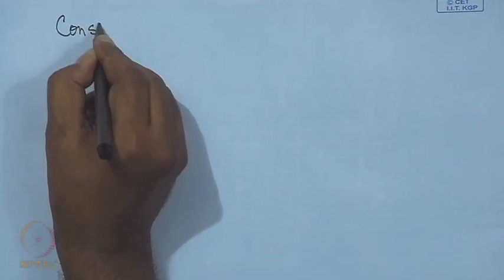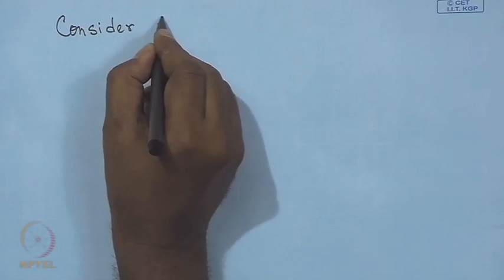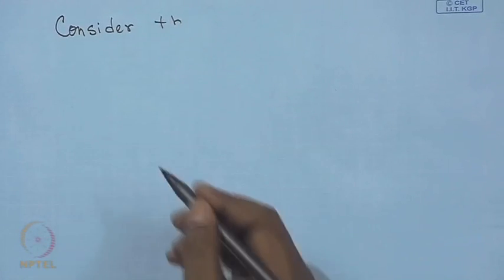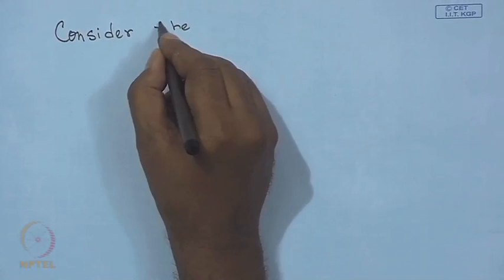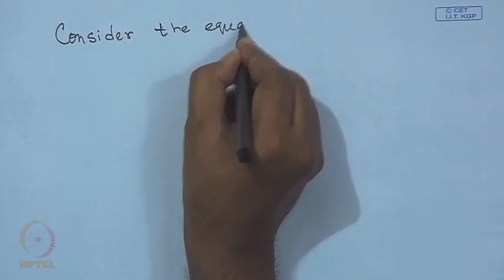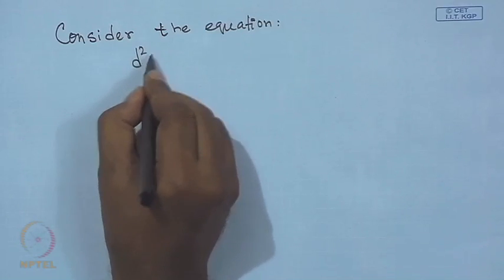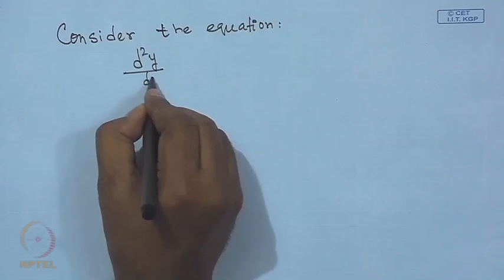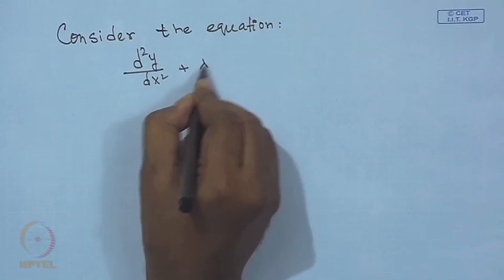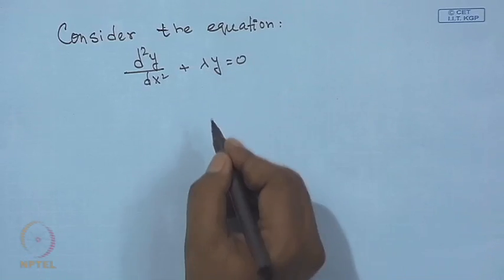Consider the equation d square y dx square plus lambda y is equal to 0.